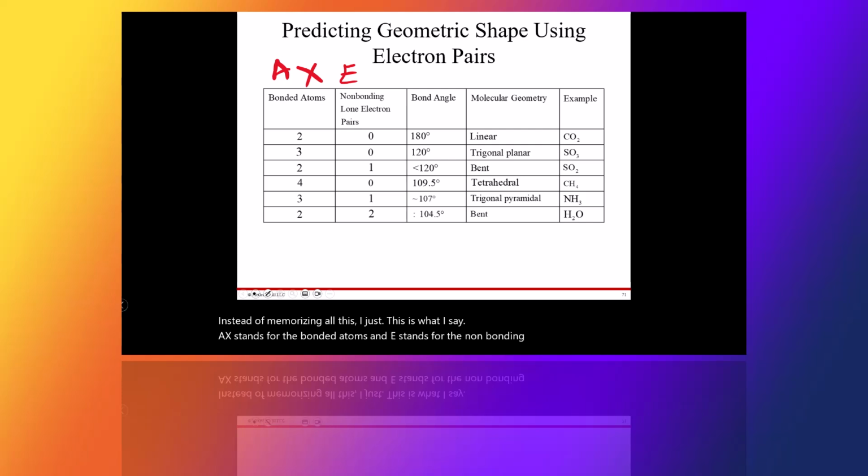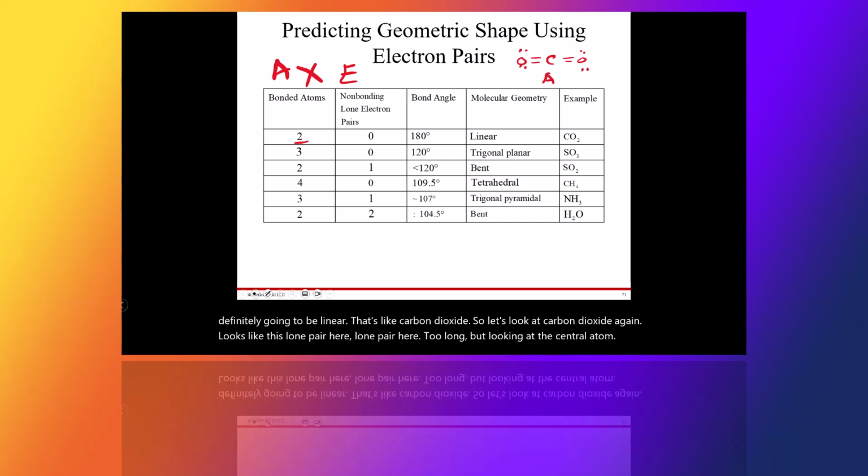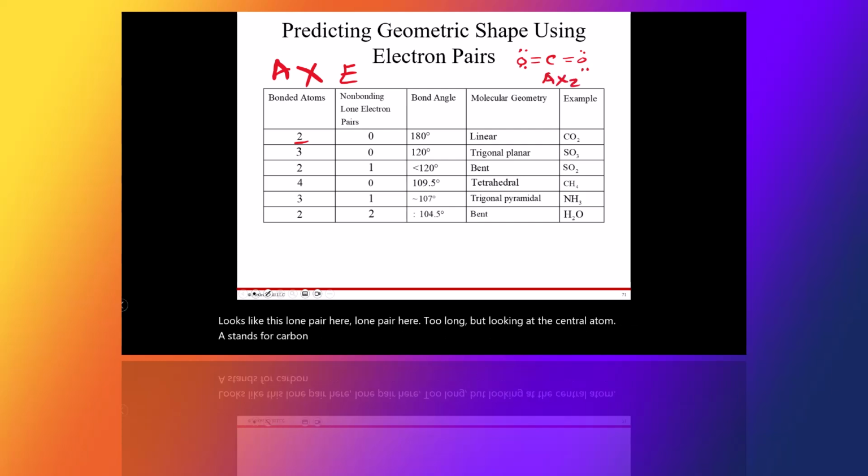So if it's AX2 only, it's definitely going to be linear. That's like carbon dioxide. So let's look at carbon dioxide again. Looking at the central atom, A stands for carbon, X2 stands for this double bond, and another X stands for this double bond. So here's something to remember. This is important.